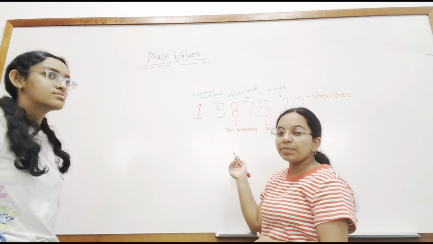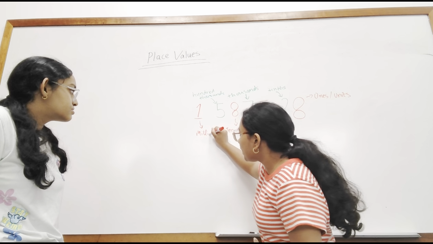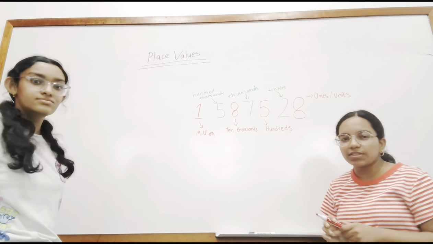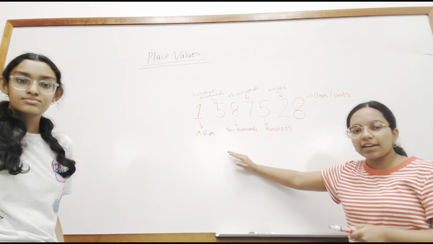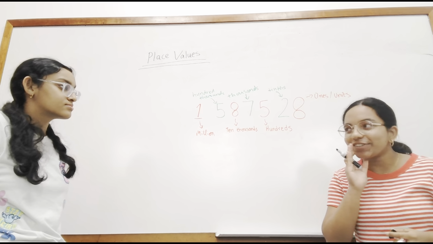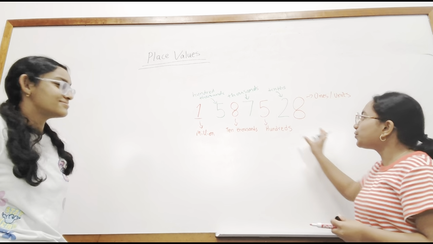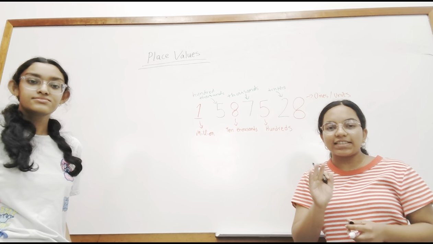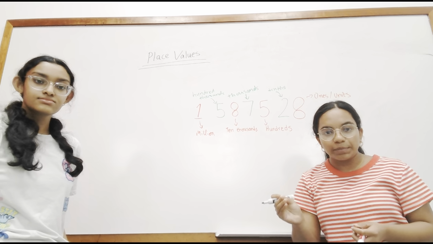So I'm sure you're like, oh my god, this is so confusing. Like, how do we tell them apart? This is where you use a secret trick. You group these numbers into sets of 3. A set contains 3 numbers.